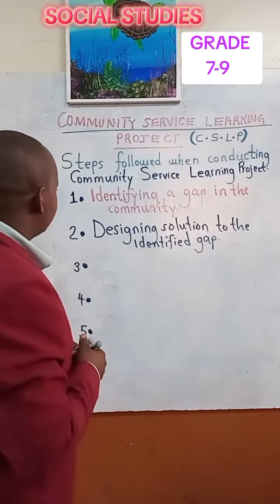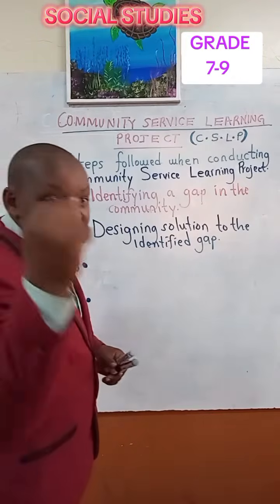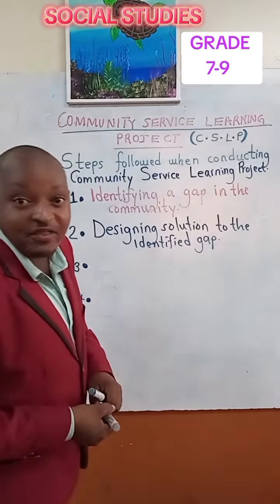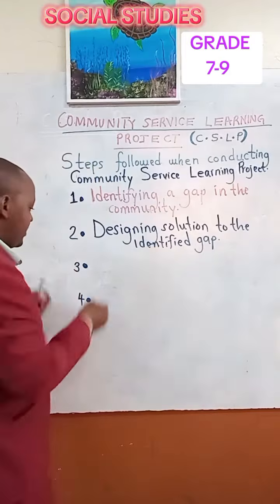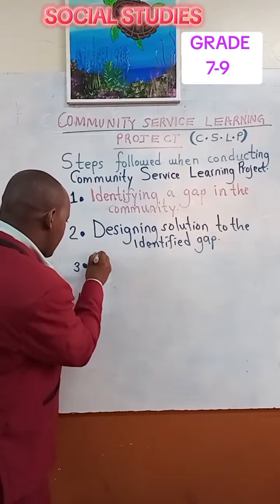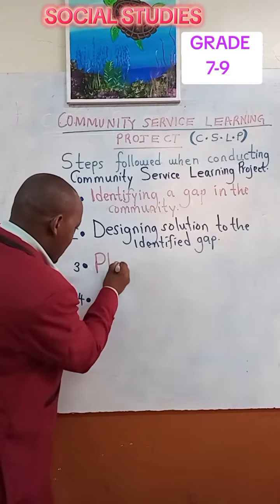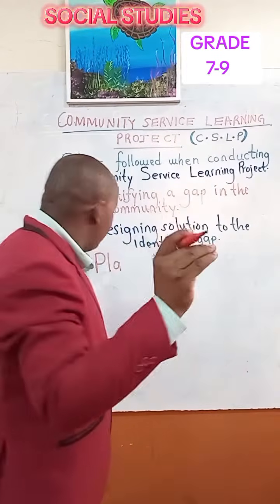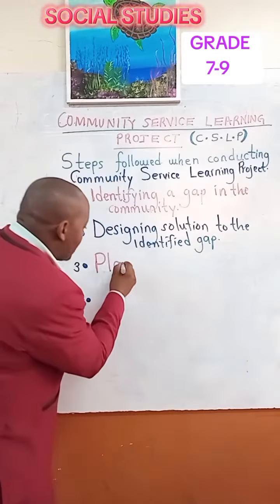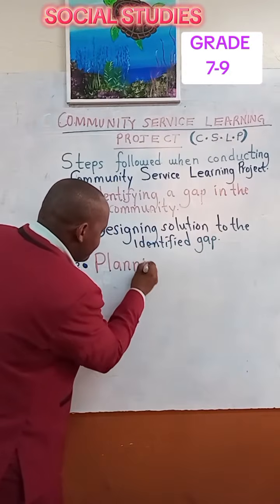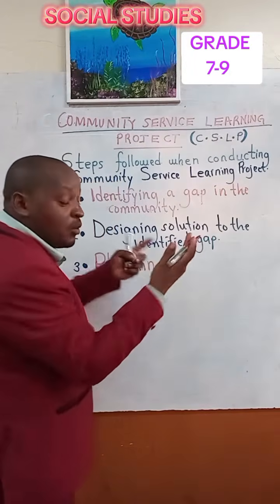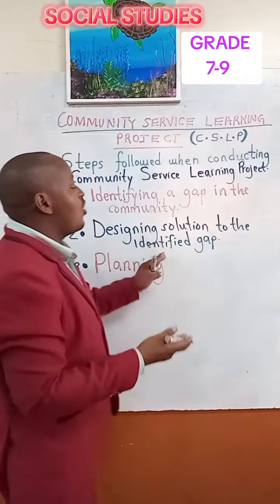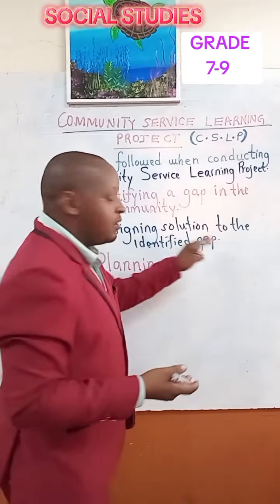Then after that is number 3. Pay attention. Number 3 is planning. Now you come back and now you plan. Remember, if you do not plan, you are planning to fail. So it's very important to plan. So planning is coming up with the ways on how you are going to solve the problem.